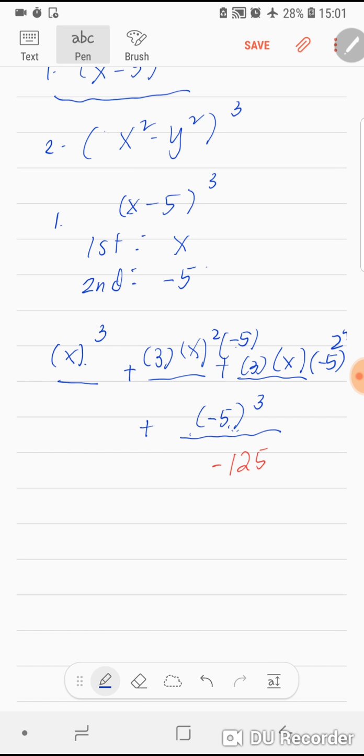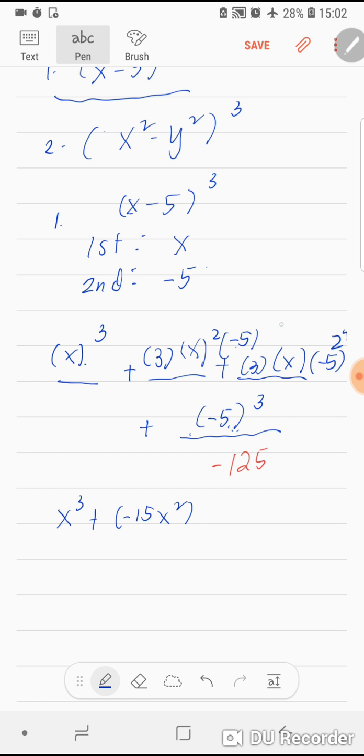So there you go. We simplify: x cubed plus, negative 5 times 3 would be negative 15, then times x squared, so negative 15x squared. For the third term, we have negative 5 squared, that would be 25, not negative 25.